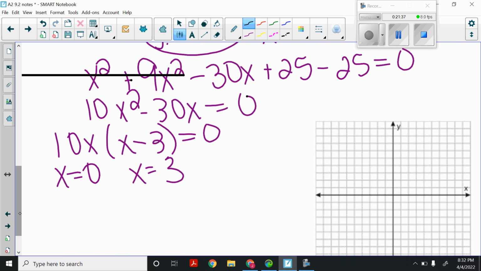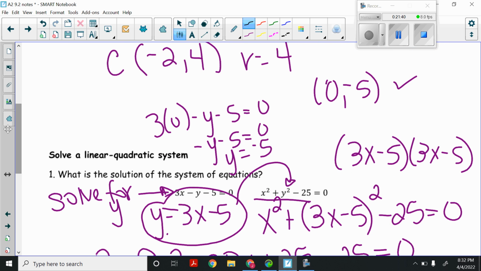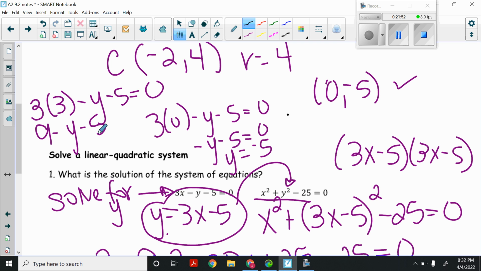So now I want to do the 3. I'm going to plug the 3 in. So again, 3 times 3 minus y minus 5 equals 0. So I get 9 minus y minus 5 equals 0. 9 minus 5, so 4 minus y equals 0.